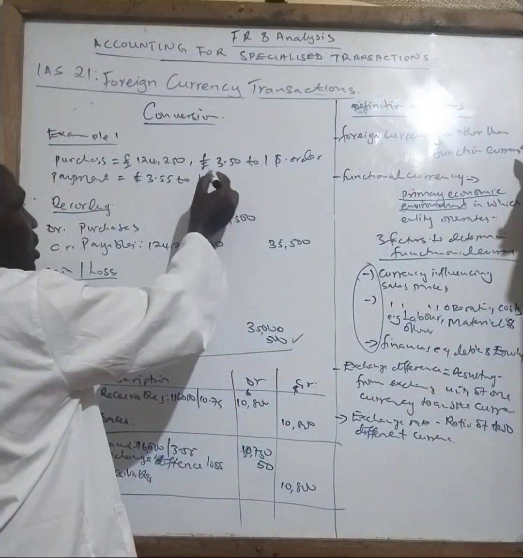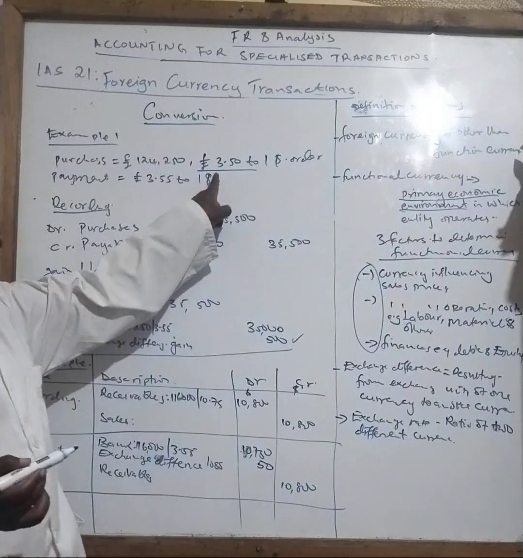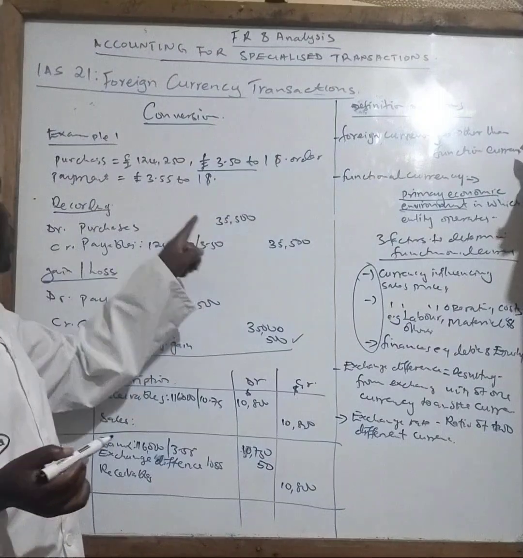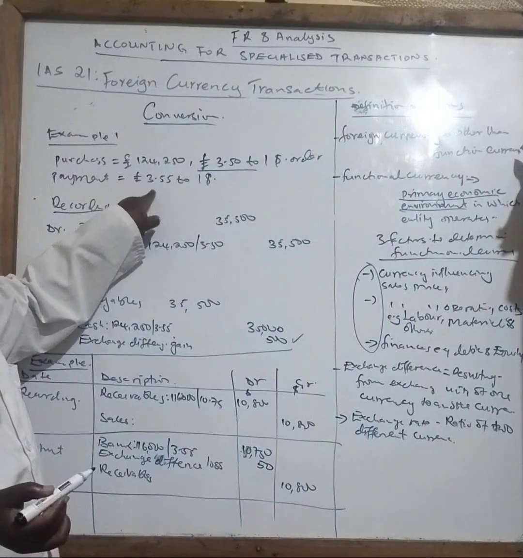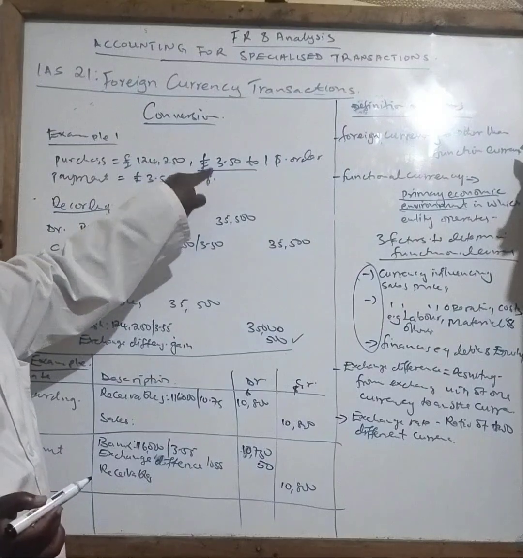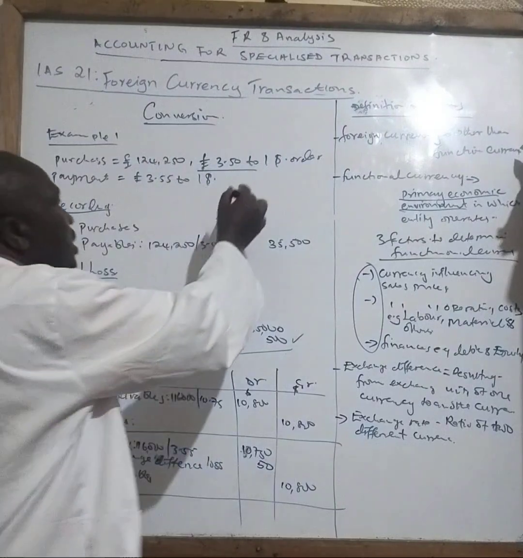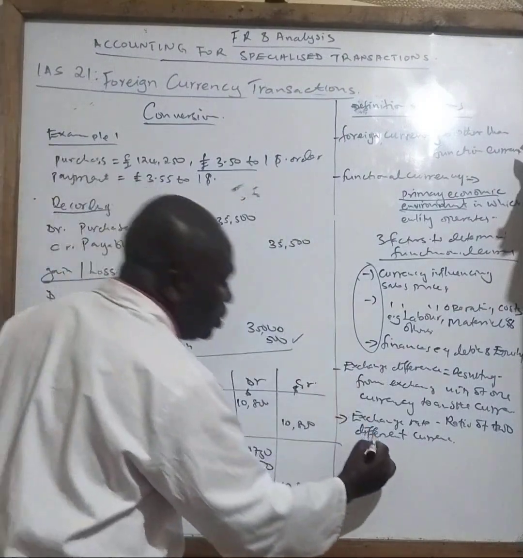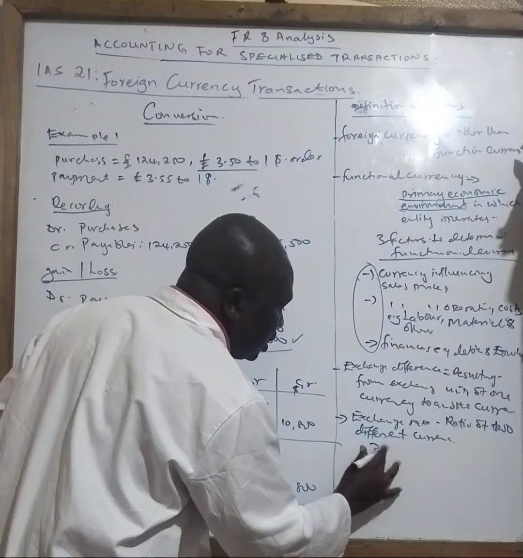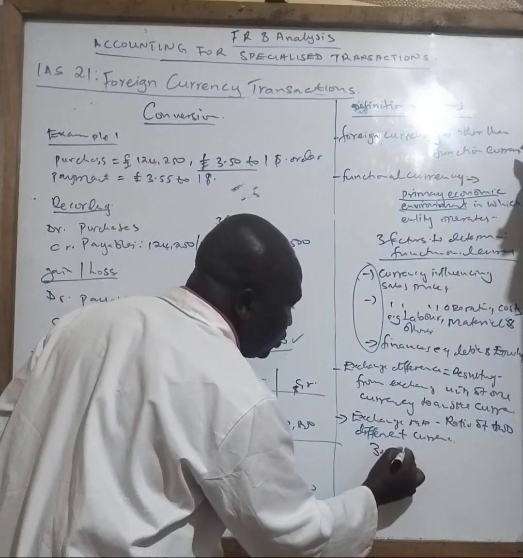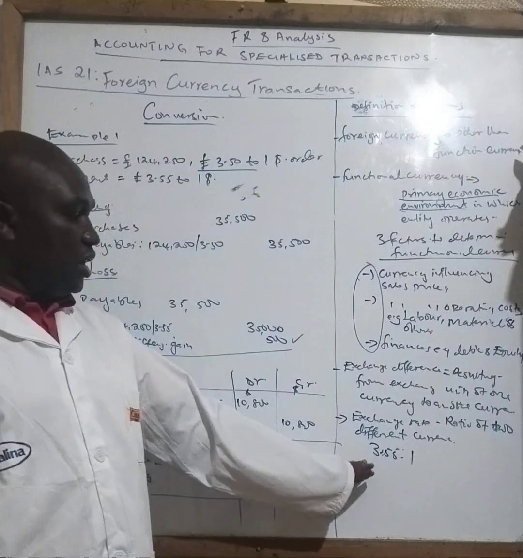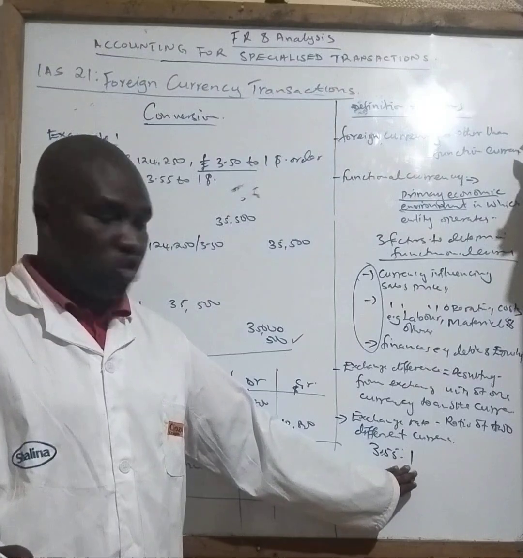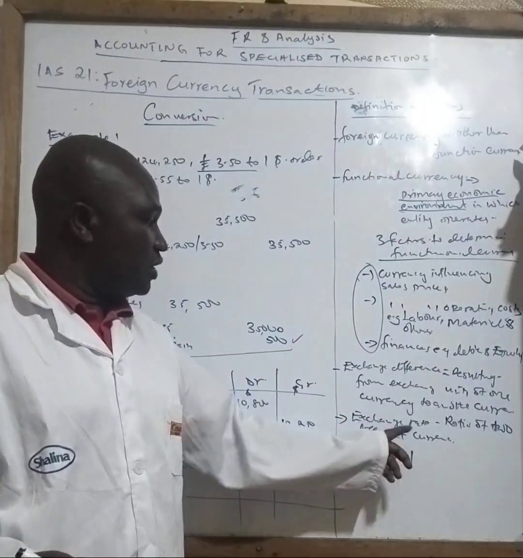We can see an example here, saying that 3.5 pounds to $1. This is what we call the ratio. They are in this ratio, 3.5 to 1, which means 3.5 units of pounds to 1 unit of dollar. This is what they call exchange rate.